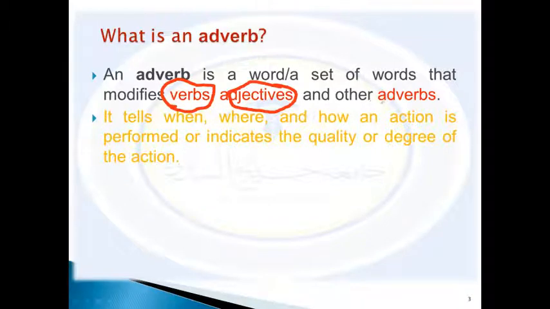And when we say it can describe some other adverb, when we said he ran quickly, here quickly is an adverb that describes what? Run, okay, the verb run. And now here we can add even very quickly. He ran very quickly, okay. So very is an adverb that describes some other adverb, which is what? Quickly, okay.